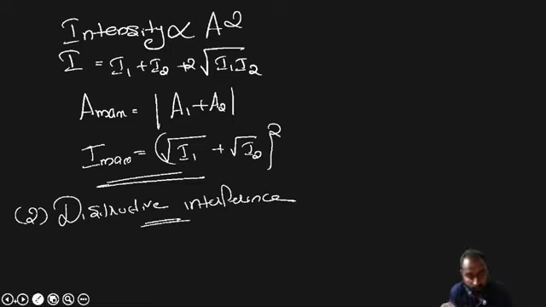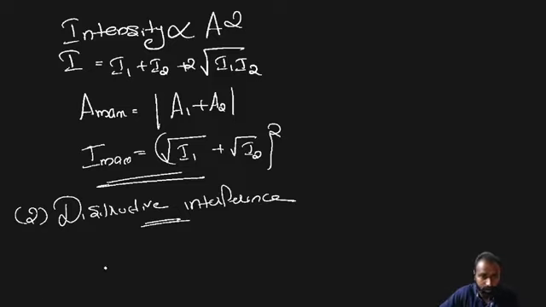Destructive interference is when, in the superposition of two waves, the resultant wave has the minimum amplitude. Such a case is called destructive interference. When will it happen?